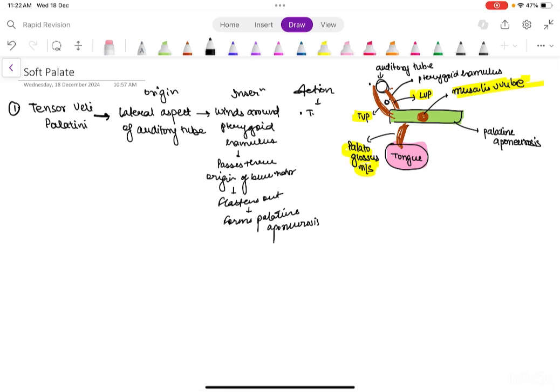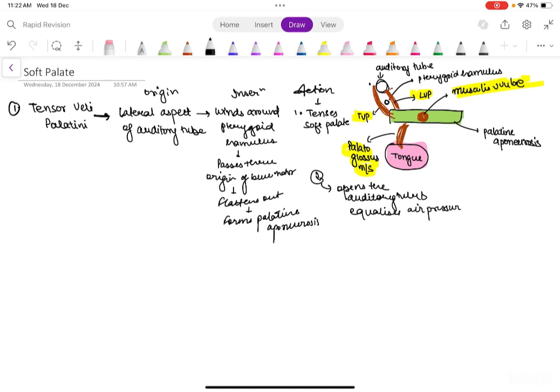So first, it tenses the soft palate. Second, it opens the auditory tube and equalizes air pressure.